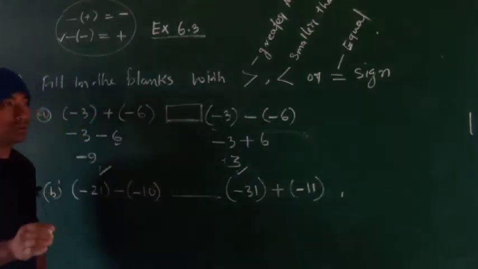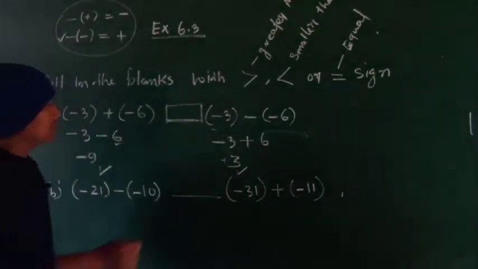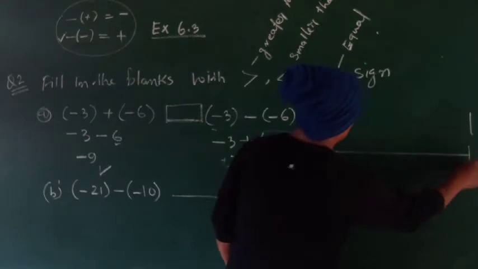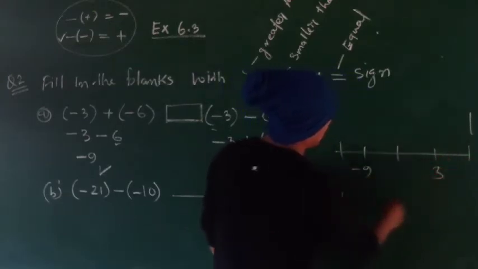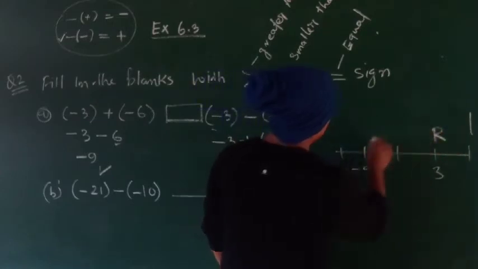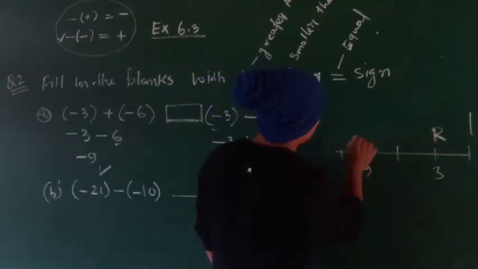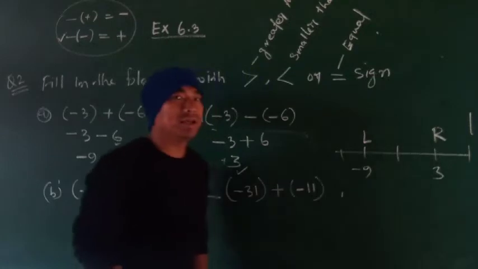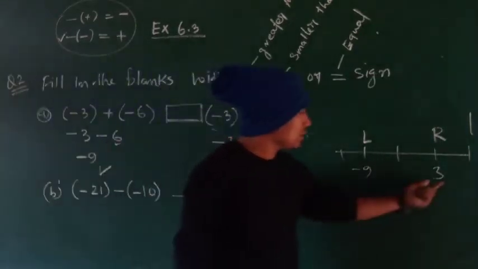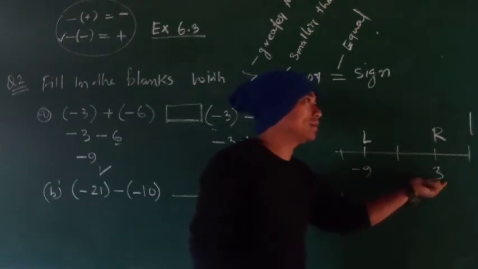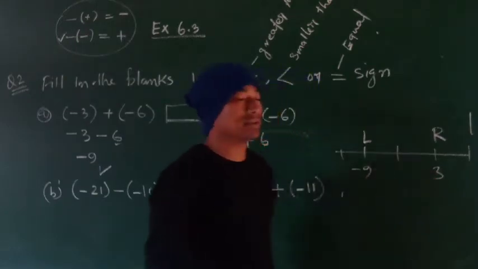So you know that on the number line, negative is this side, which means minus 9 is here and 3 will be here. So whichever number is on the right side of the number line, that number is always greater. So 3 will be on the right side, so this number will be greater.